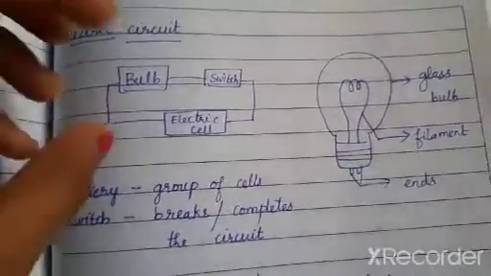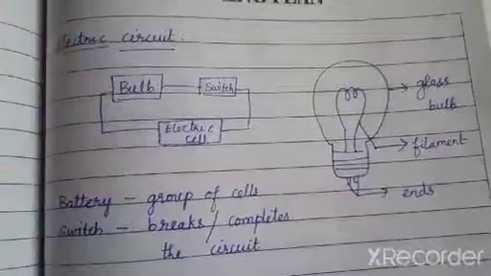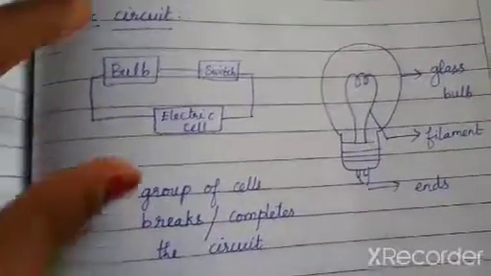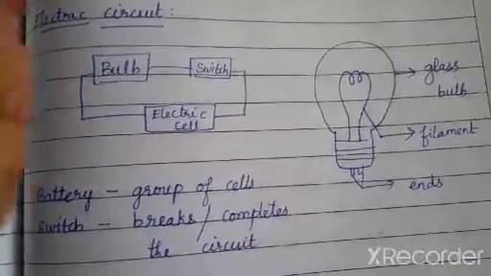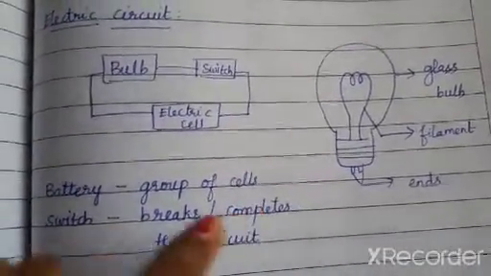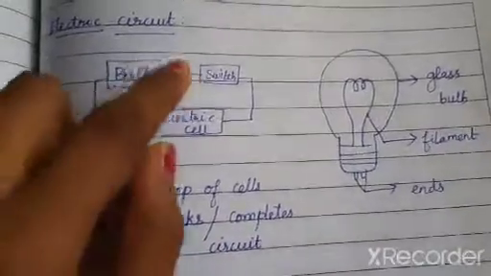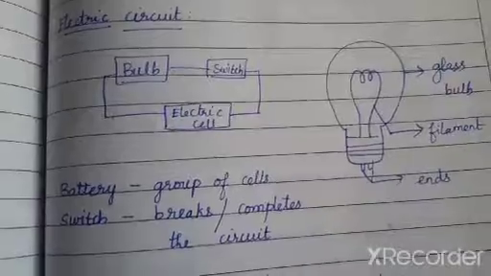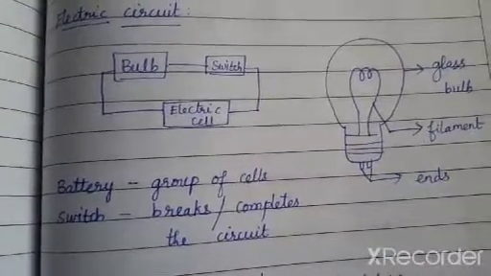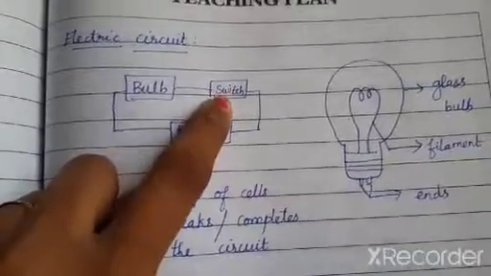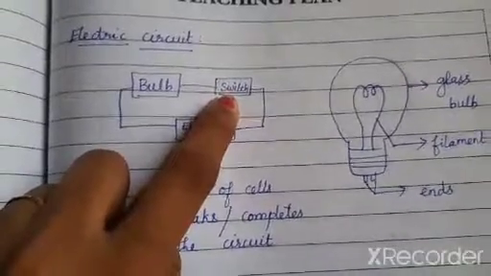Break the circuit doesn't mean that I'm going to break all the components into smaller parts. Break the circuit means interrupting the current flow. Complete the circuit means giving the connection for the current to flow without any interruption. Okay, so if I want the bulb to glow, the switch is the main component there.